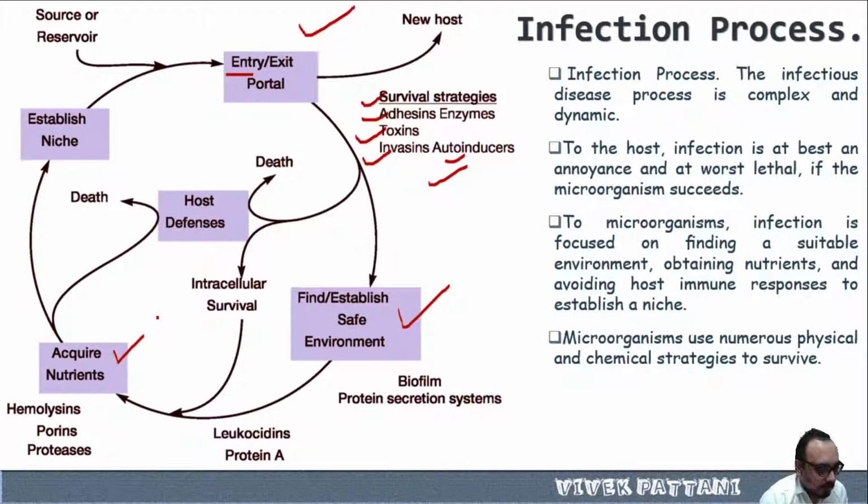Next comes the acquisition of nutrients. They may produce hemolysins, proteins, or proteases. And moving further, if they can outcompete the cells, they are going to establish a niche.